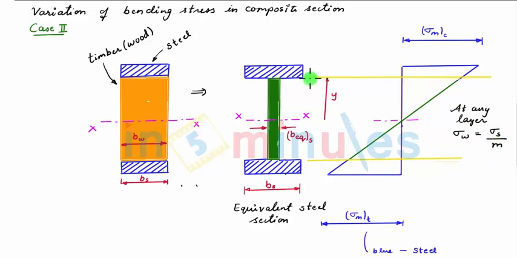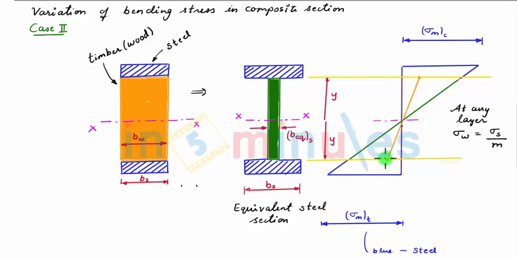So at this layer, if the stress in steel is here, then the stress in wood will be a somewhat lesser value and it will be given by this point somewhere here. Similarly, below the neutral axis also, the stress in the wood at this layer y below the neutral axis will be here, and the variation of bending stress in the actual wooden part will be as shown in the figure.